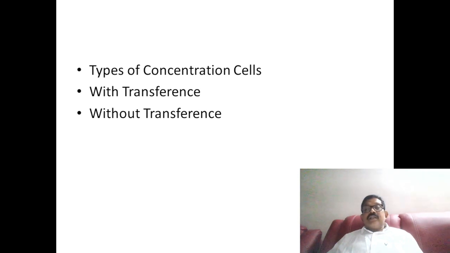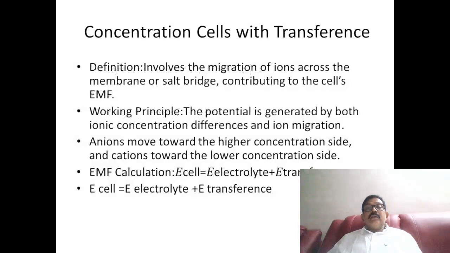Types of concentration cells. There are two types of concentration cells, with the transference and without transference. With the transference means with the transfer of matter from one half cell compartment to another half cell compartment. Without transference means there is no transfer of the ions.